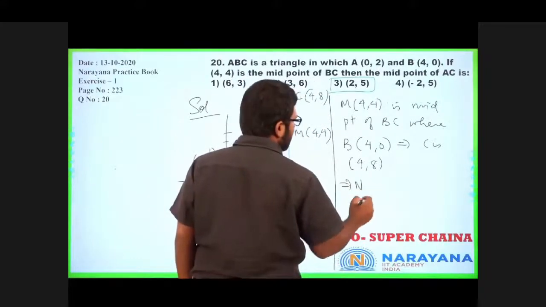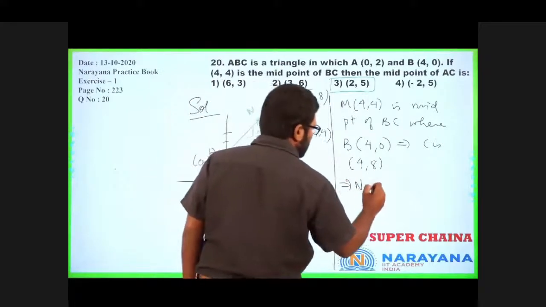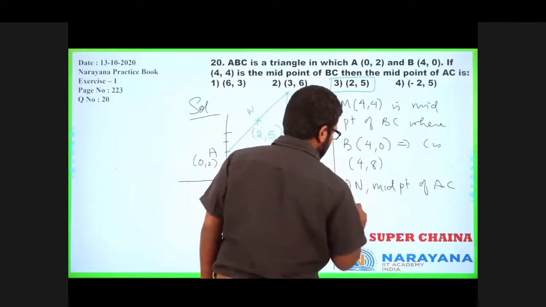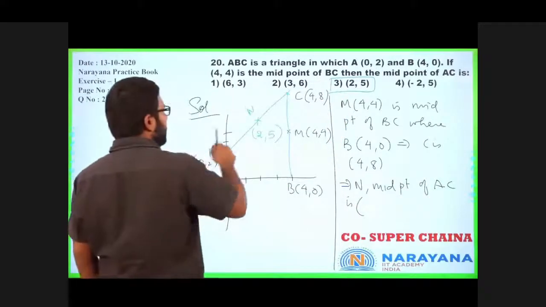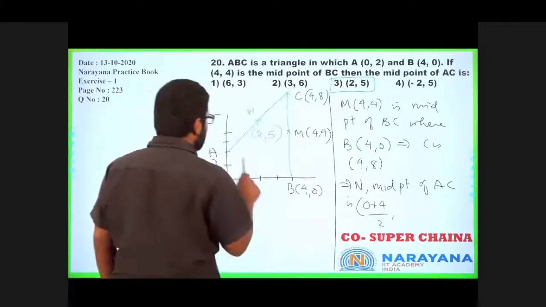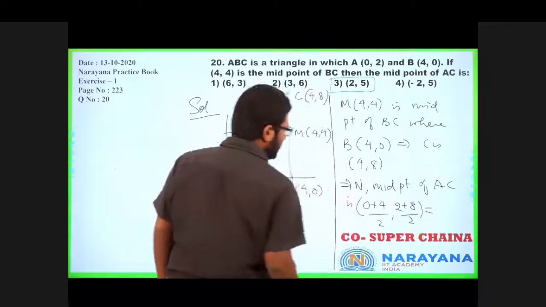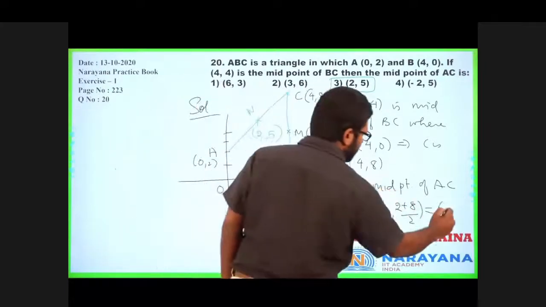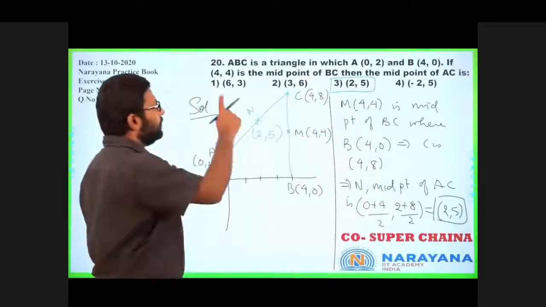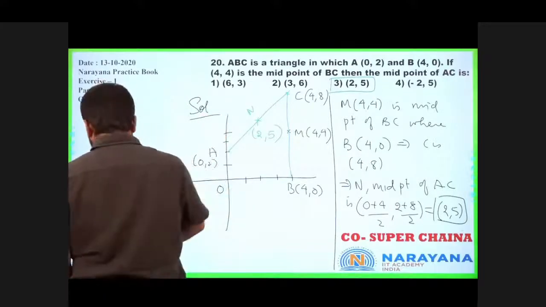Which means N, the midpoint of AC, is, now the coordinates of A and C are known, so (0 plus 4) by 2, (2 plus 8) by 2, which of course comes out to (2, 5). Got it? (2, 5). Alright? Okay. Let us proceed.